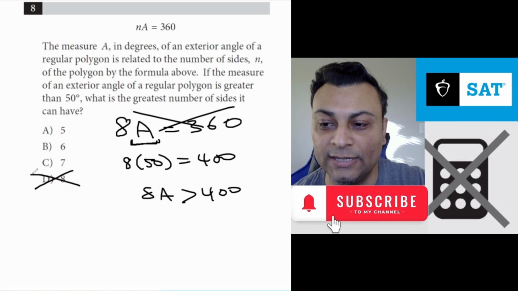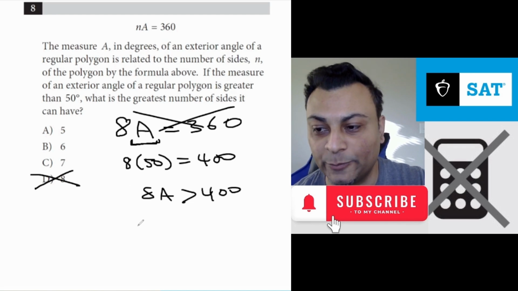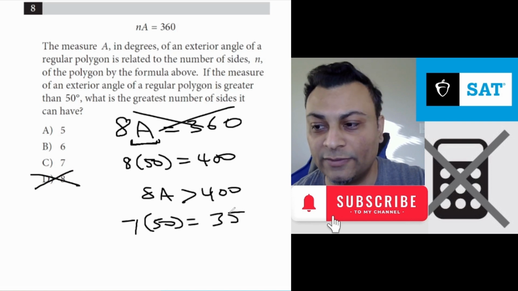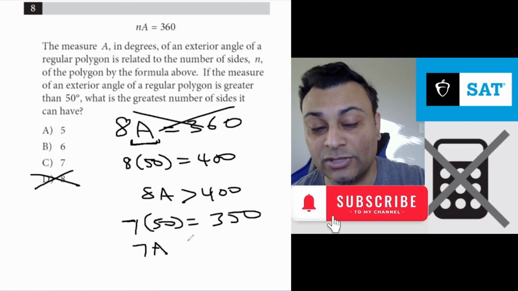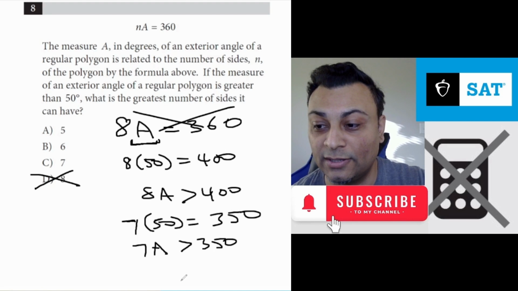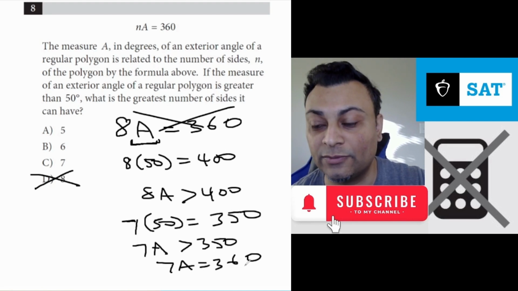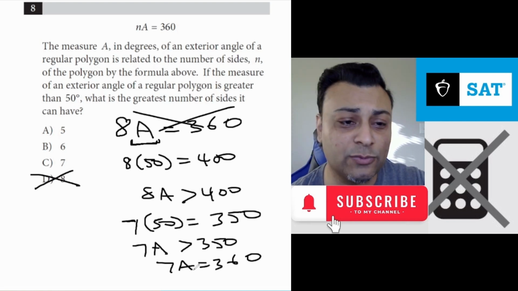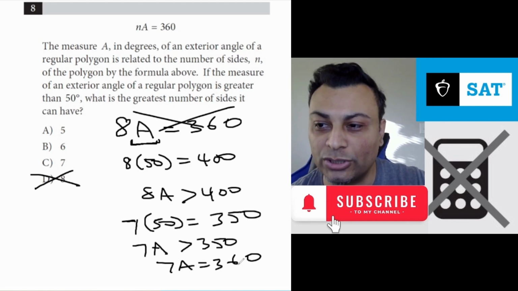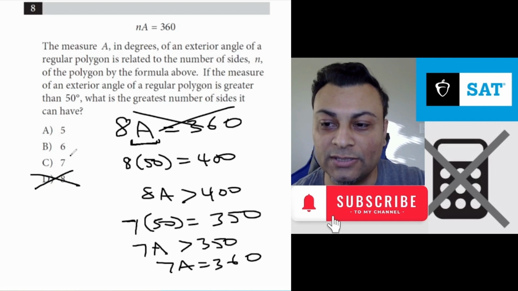So it's not D. So let's try 7. 7 times 50 is 350, so 7a just has to be larger than 350. So yes, 7a can be 360. It's possible for 7a to be 360. If a is 360 divided by 7, that is greater than 50. So the answer is C.